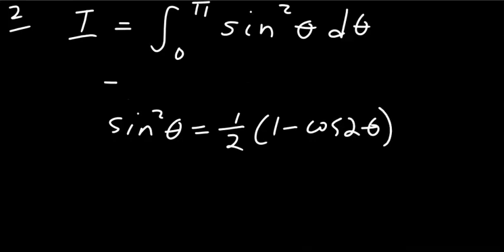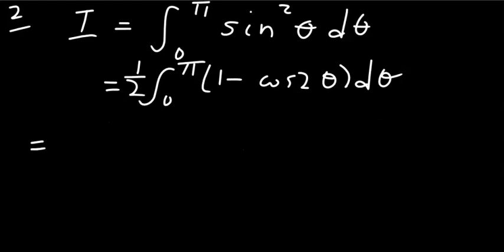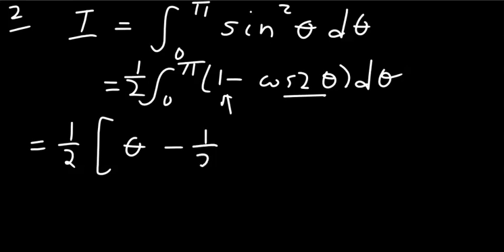Substituting this in that integrand, we get the integral, you can take that half out, (1 minus cosine 2 theta) d theta. We can evaluate this easily. Half, the first integral is 1 d theta, and that is just theta. When you integrate cosine 2 theta with respect to theta, you get half sine 2 theta.